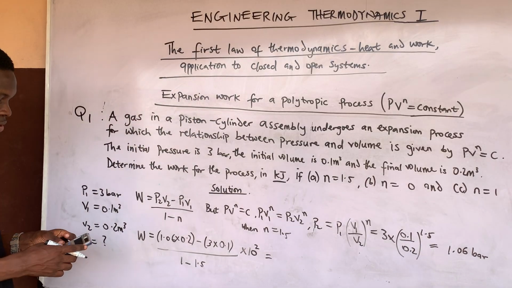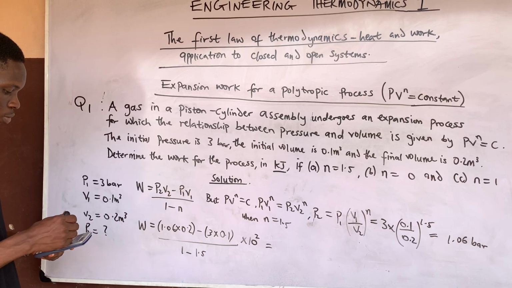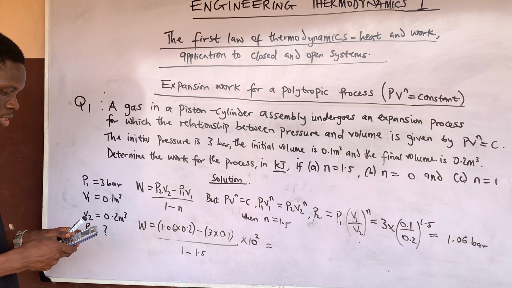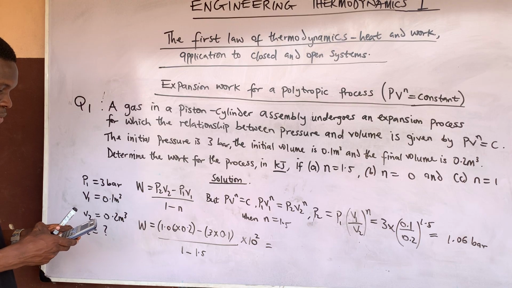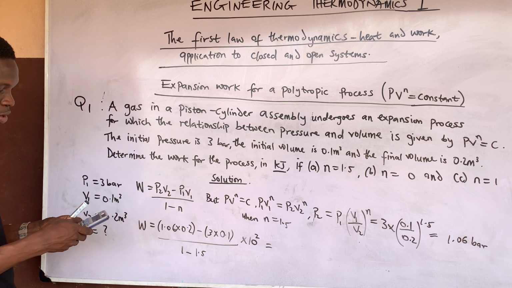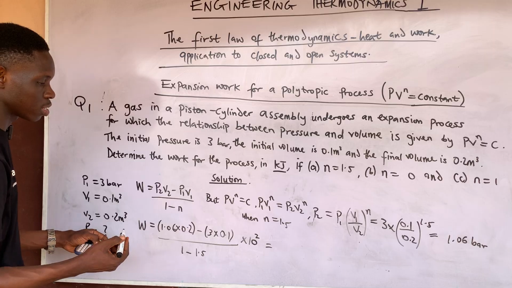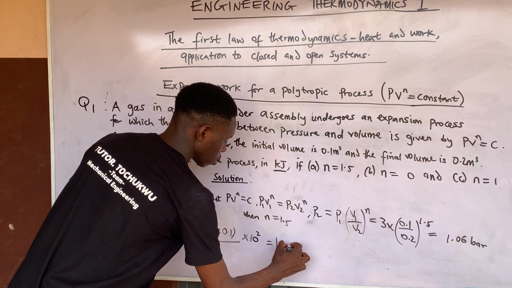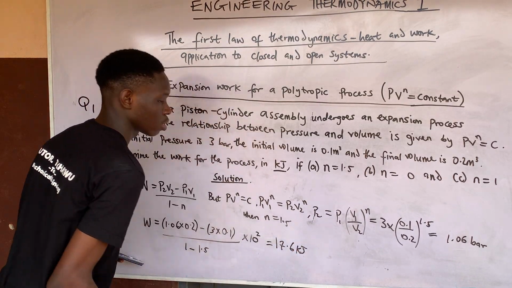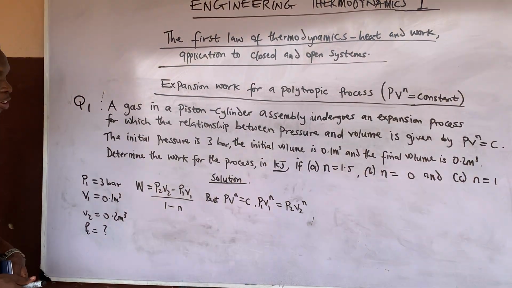When we press the calculator, we have 1.06 multiplied by 0.2 minus 3 multiplied by 0.1, divided by 1.1 minus 1.5, all multiplied by 10 to the power of 2. You obtain 17.6 kilojoules. So our work done for this case is 17.6 kilojoules. We have done the first case.